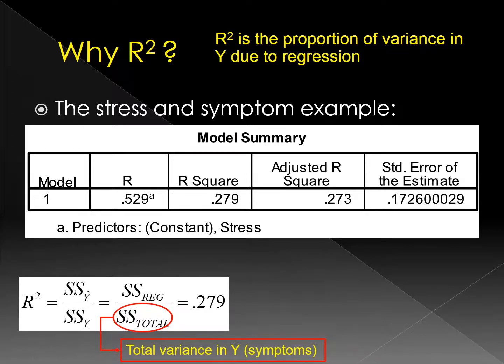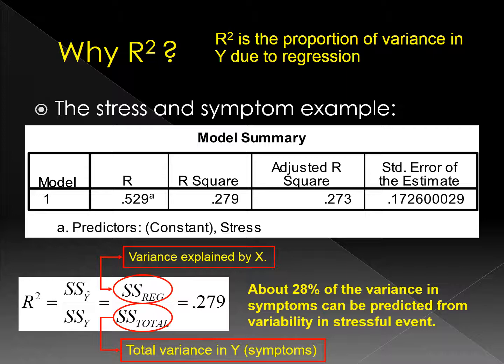SS total, the denominator, refers to the total variance in Y, and SS regression refers to the variance explained by X. So this 0.28 represents about 28% of the variance in symptoms that can be predicted from variability in stressful events.